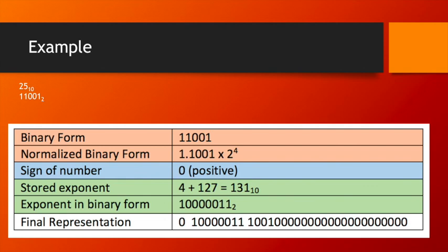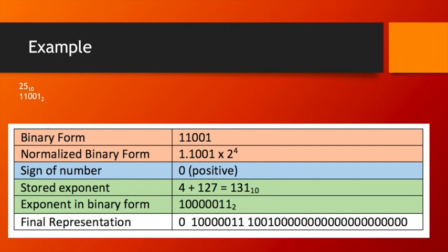We'll convert our exponent to a biased binary exponent. The exponent is 4, so we'll add 127 to that. 127 plus 4 is 131, and then we'll convert 131 to binary to get our exponent. And then we'll modify the binary mantissa. So the mantissa is 1.1001.